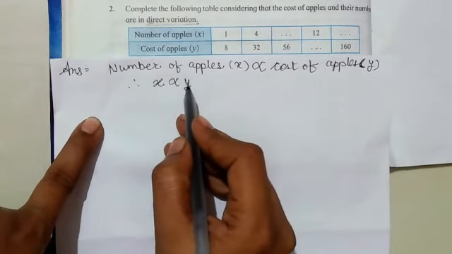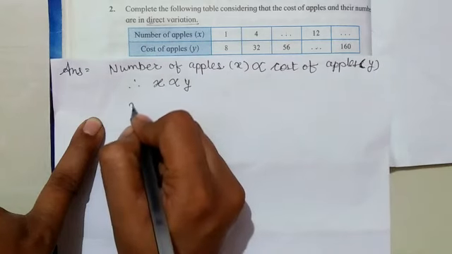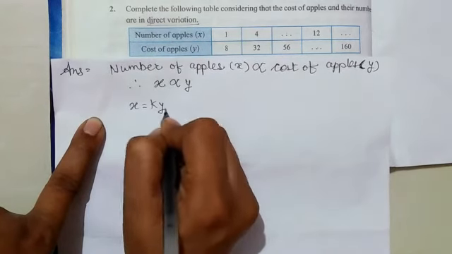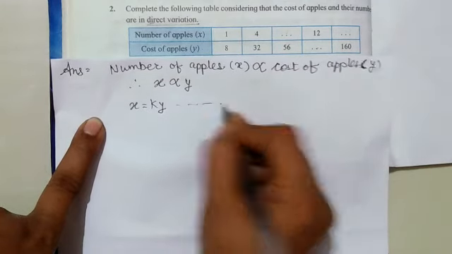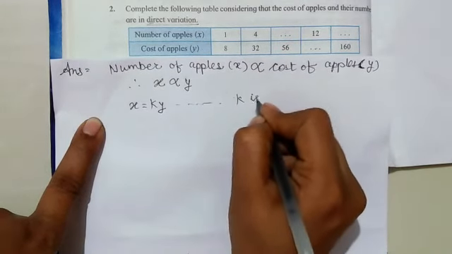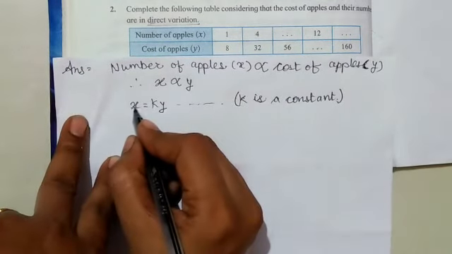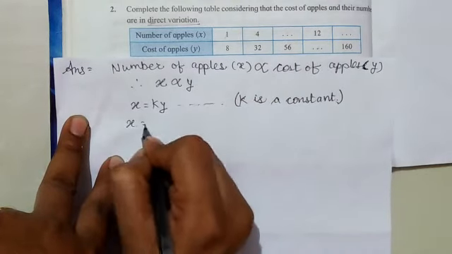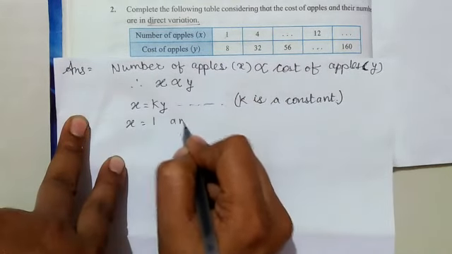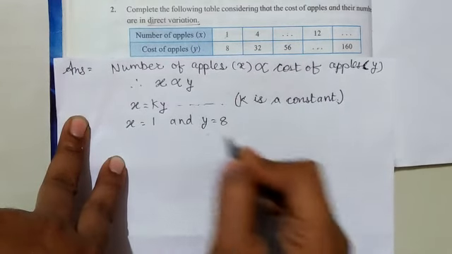As we know, we have written this much, now we have to write the equation, that is x is equal to ky. This is the equation for the direct variation where k is the constant. As we know that x, the number of apples, is equal to 1, and y, the cost of that apple, is given as 8 rupees.